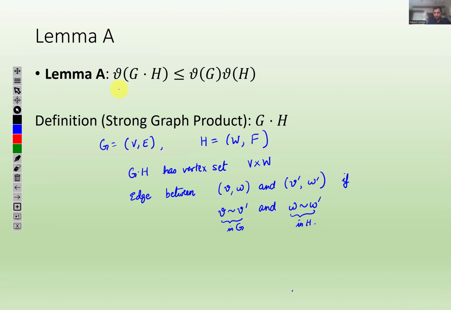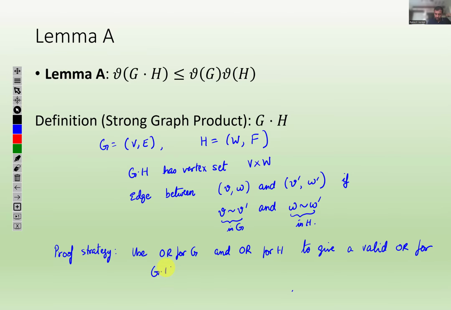So the proof strategy is as follows. Use the optimal orthonormal representation for G and an optimal orthonormal representation for H to give a valid orthonormal representation for G dot H. Okay, so this is going to be our proof strategy.